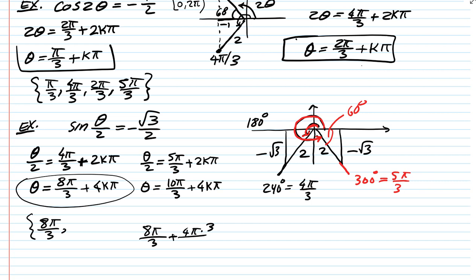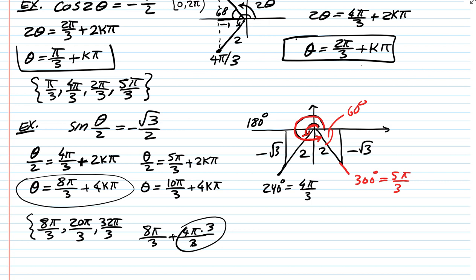Now 4 pi in multiples of, let's say, 1/3, that would be 12 pi over 3, right? 12 and 8 makes 20, so that's 20 pi over 3. Okay, and then the next one, you add another 12 pi over 3, you get 32 pi over 3.